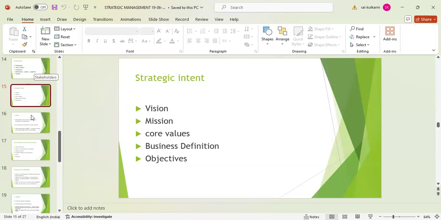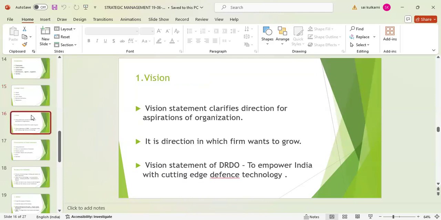Now we will see about vision. A vision statement clarifies the direction for the aspirations of the organization. There are some aims and goals of the organization. So these aspirations, these ambitions can be clarified in the vision statement. We will see later different vision statements of different organizations.